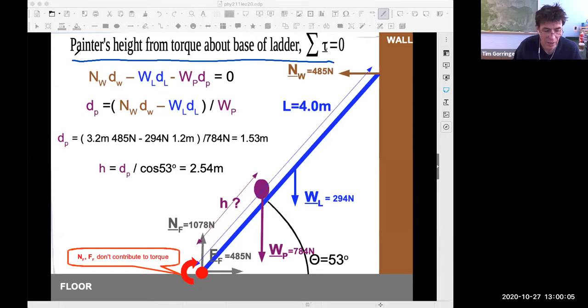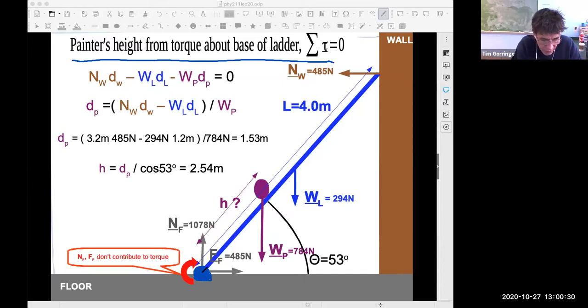So it's just at that moment before that happens. So I'm going to figure out the painter's maximum height by now thinking not about the equilibrium of the forces, but the equilibrium of the torques. I'm going to think about the equilibrium of the torques about the base of the ladder. That's downstairs here.